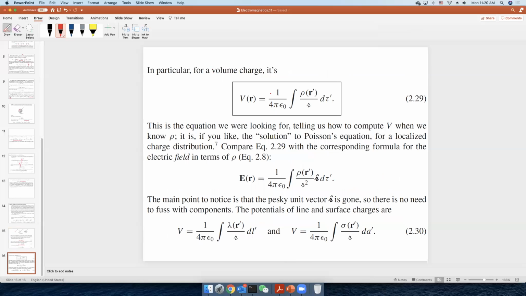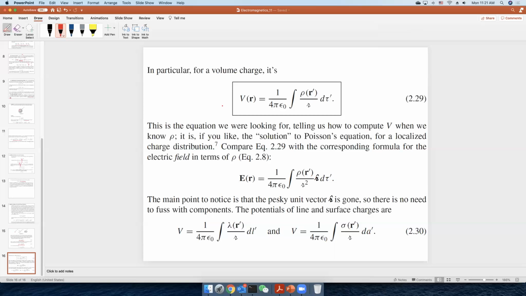If it's a volume integral, of course, it should be the volume density times d tau. If it's a line charge, it becomes the line density of the charge times dl. If it's a surface charge, then it's the surface charge density sigma times dA, which is a small piece of the surface.